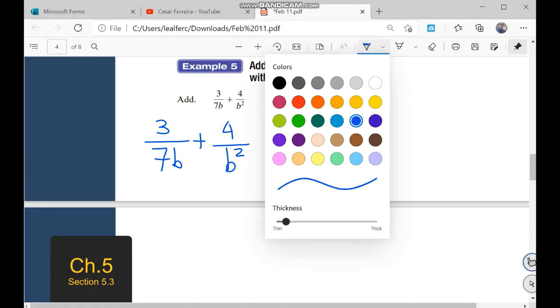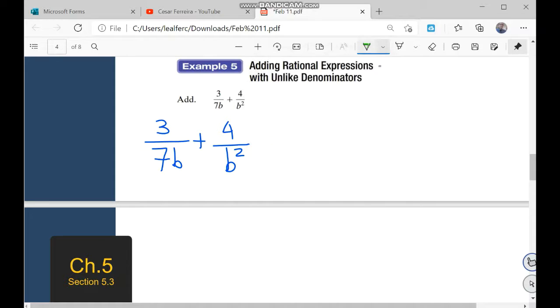The first step, find the least common denominator. We're going to find it here at the bottom. To find the least common denominator, write down each unique factor, and we have 7 as one unique factor, b is the other unique factor. After you do this, check the exponents. You're going to use the highest exponent of each unique factor.